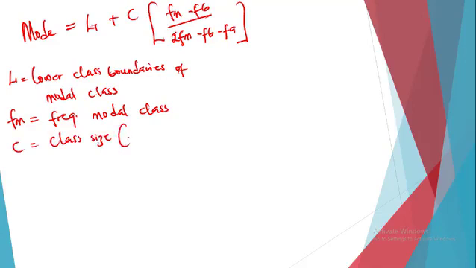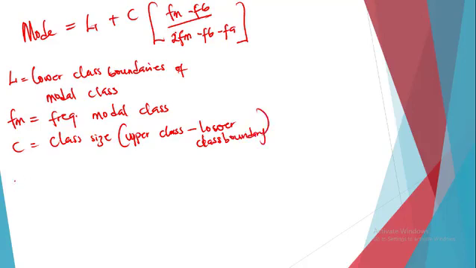Then our C is class size. Remember how we can obtain that? It's upper class minus lower class boundary. That's how we obtain that.